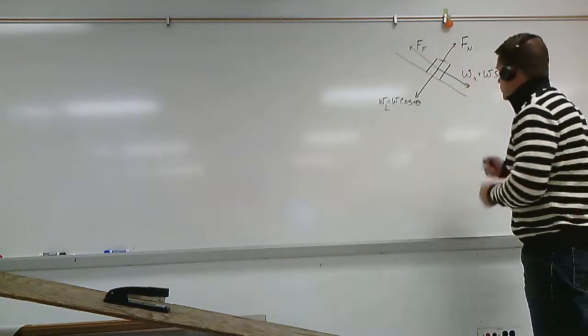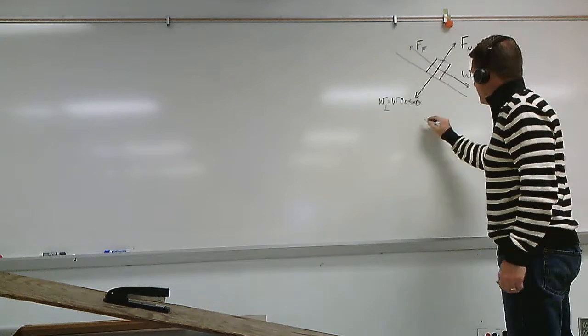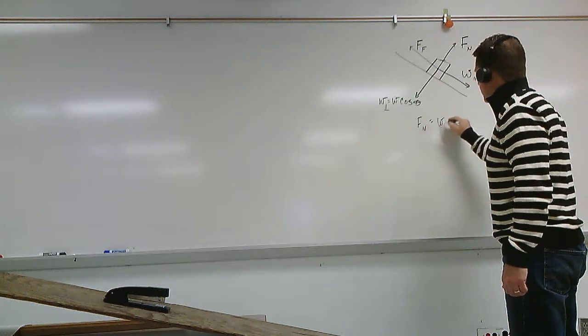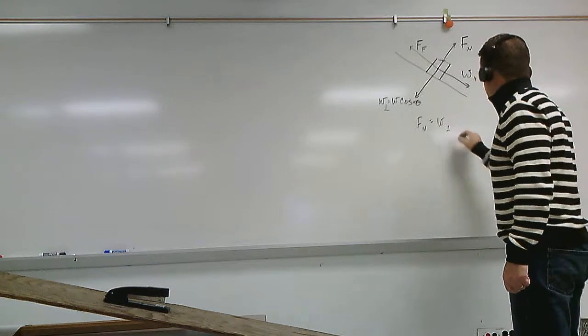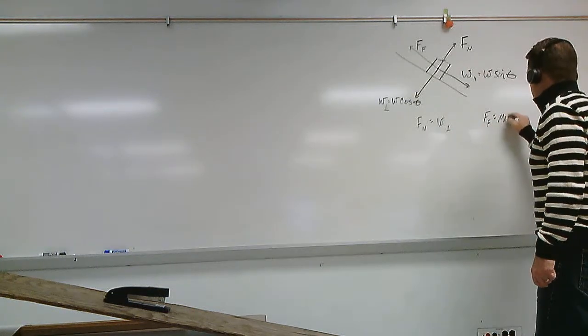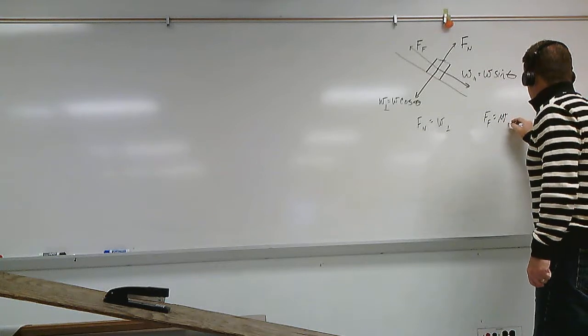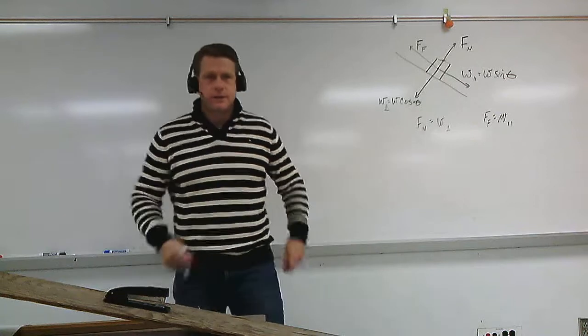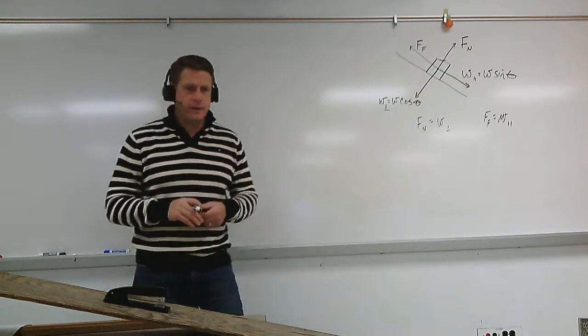So, the short way for us to say that is that Fn is equal to W perpendicular, and Ff is equal to W parallel. And it's pretty easy to see how that might be the case.